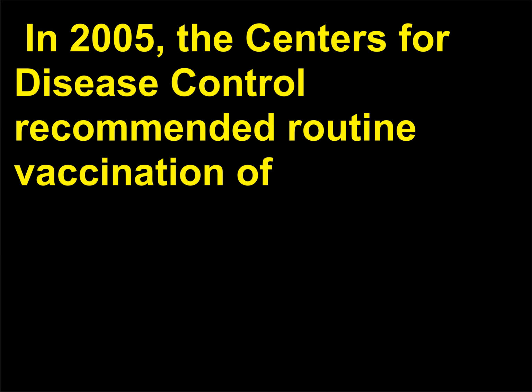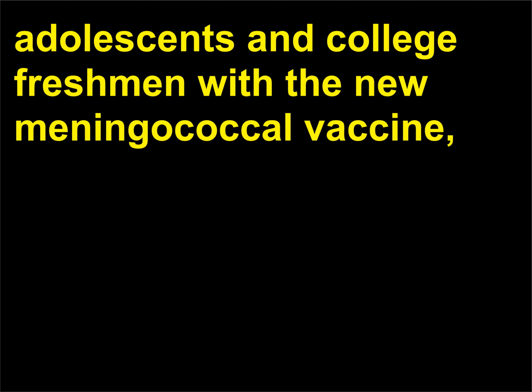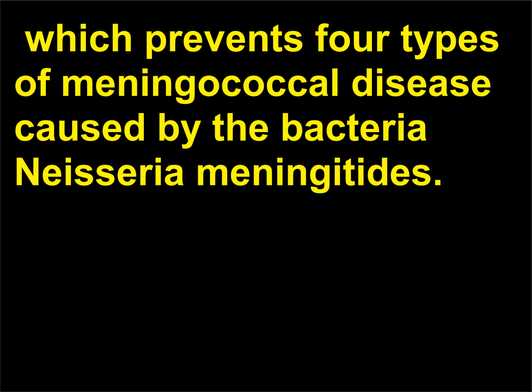In 2005, the Centers for Disease Control recommended routine vaccination of adolescents and college freshmen with the new meningococcal vaccine, which prevents 4 types of meningococcal disease caused by the bacteria Neisseria meningitidis.